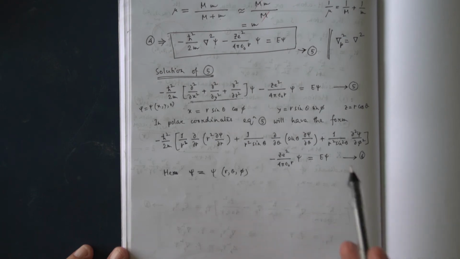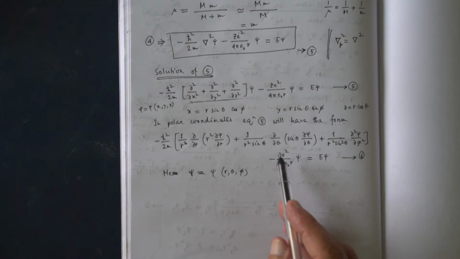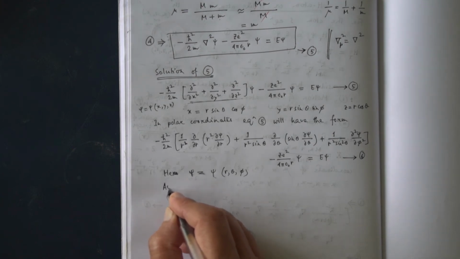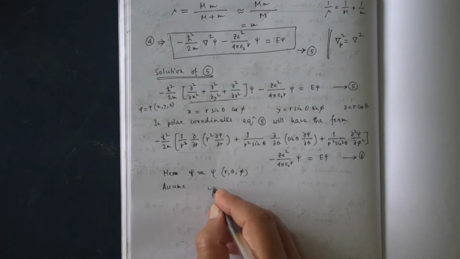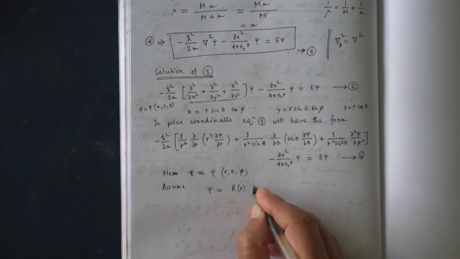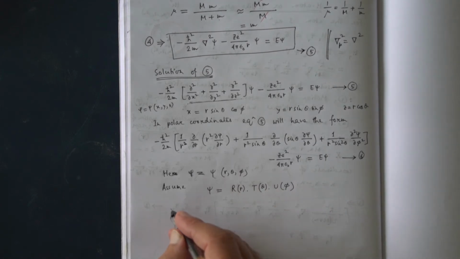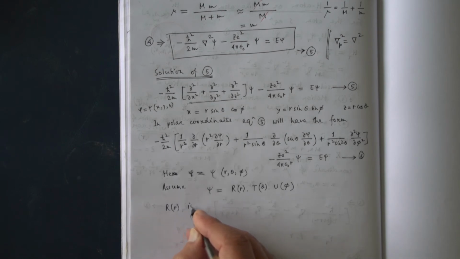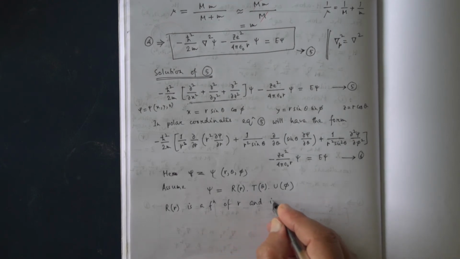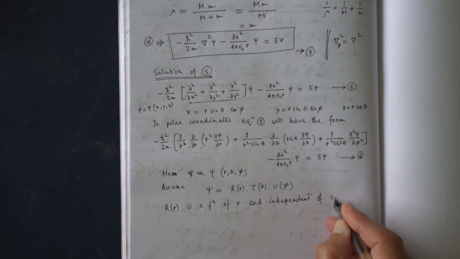How to do that? For that we first assume psi equal to R of r, Theta of theta, Phi of phi, where R is a function of r and independent of theta and phi.